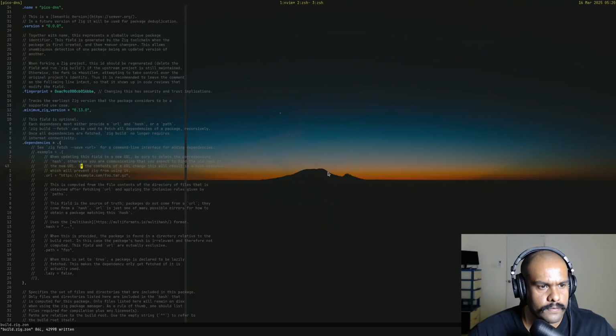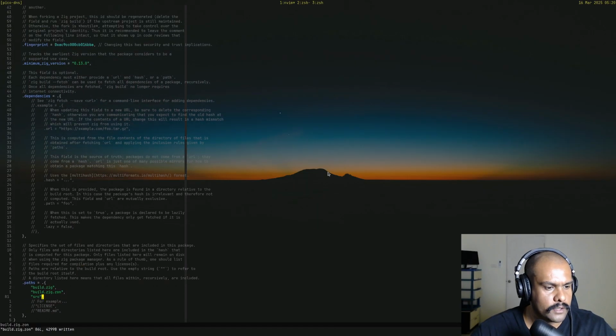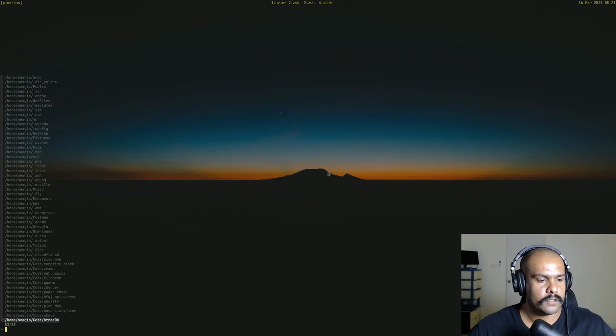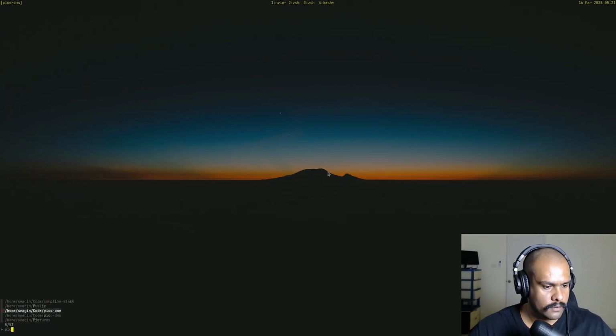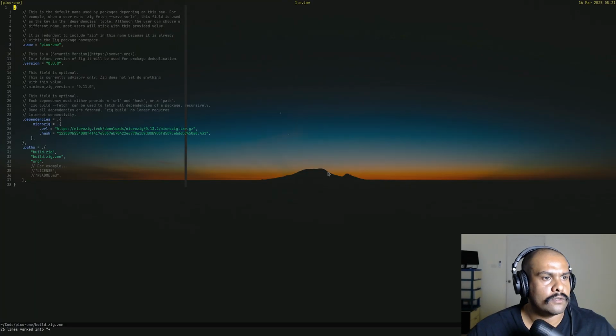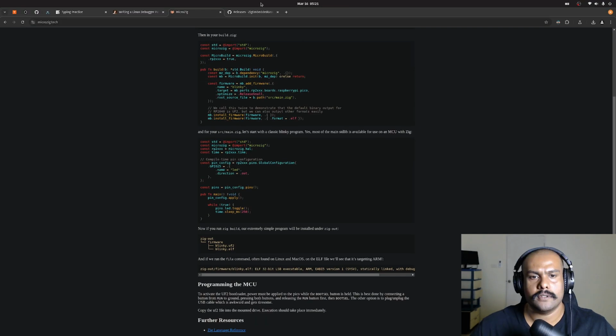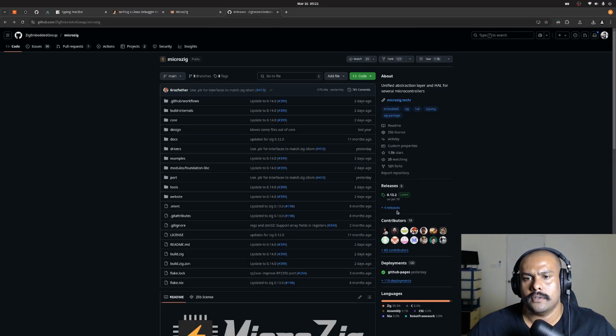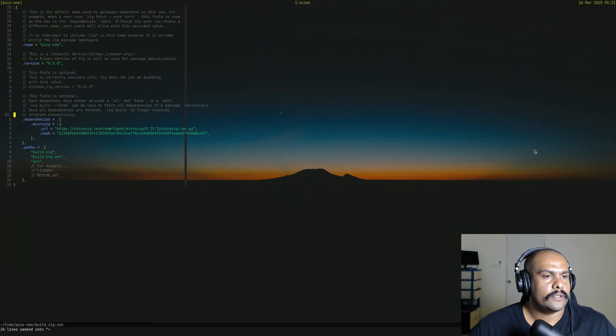zig fetch --save for the command line interface. I always forget how to add a dependency in Zig. Let me check my older project. Is that the latest one? Oh yeah, that one it is.